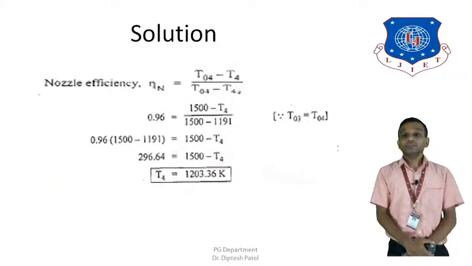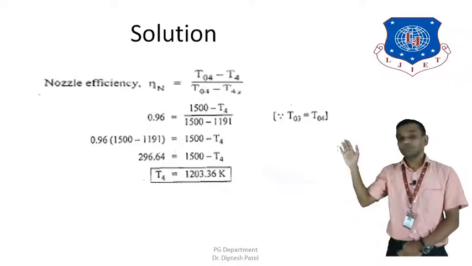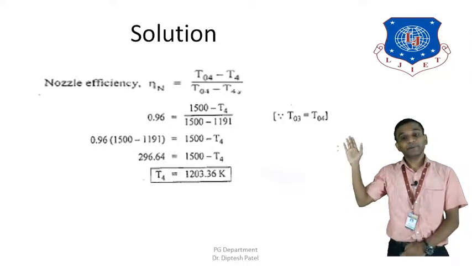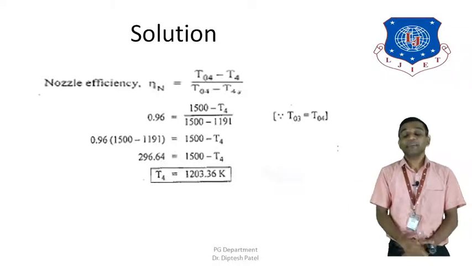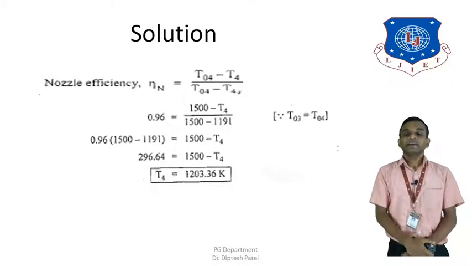Now the nozzle efficiency is given to us, that is 0.96. I'm going to use that equation to find the temperature at the outlet of the nozzle. So nozzle efficiency eta n is equal to TO4 minus T4 divided by TO4 minus T4S.